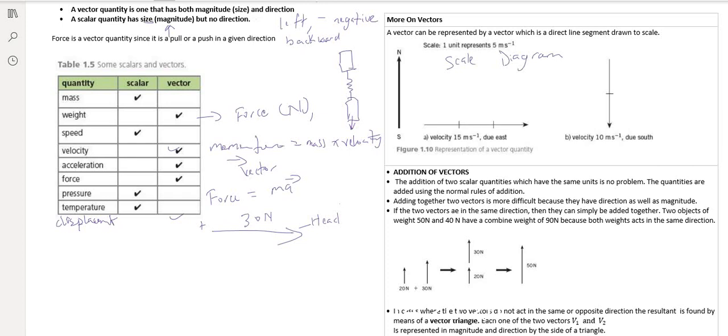So whatsoever length I measured on the ruler, so this length here, if I say this is 1 centimeter, 2 centimeter, 3 centimeters, yeah, right?